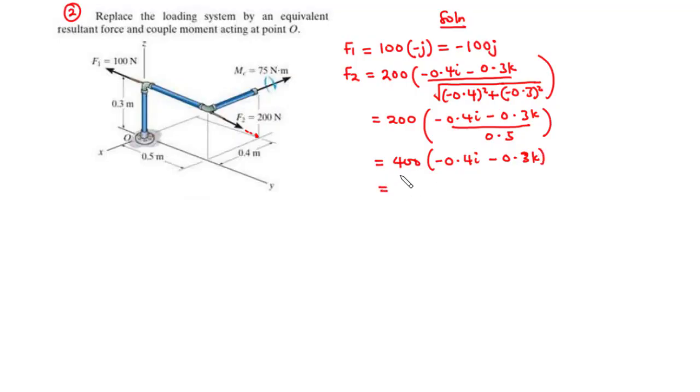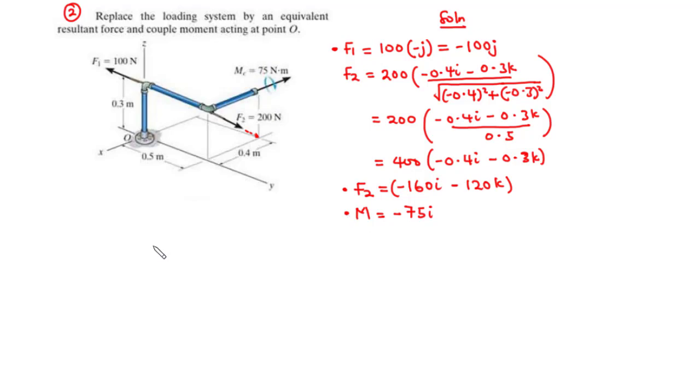And finally, 400 times negative 0.4 is negative 160. 400 times negative 0.3 is negative 120. So that happens to be F2. Now also for M, we have M directed along the negative x-axis. So that's going to be negative 75i. So this is F1, this is F2, and then this is M.